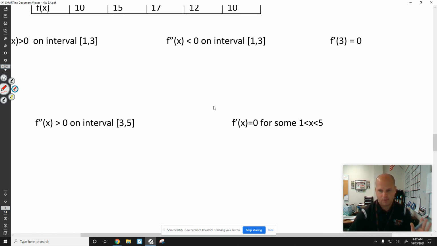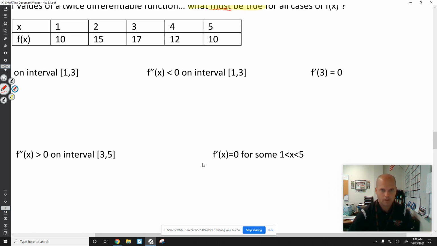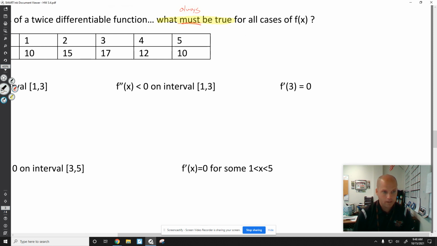Here's what happens for you kids. What hurts us is the table problems we did before, where I told you, yeah, go ahead and sketch. If you sketch, you got 1, 10, 2, 15, 3, 17, 4, 12, 5, 10.